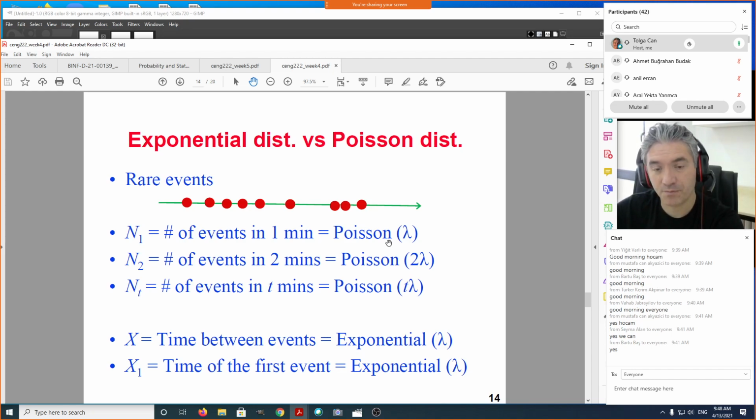So we'll be able to perform such tests. But we see that many real life events, rare events that do not occur simultaneously like this, actually follow it very closely. The Poisson distribution is a very good model for those, and that's why we use it.